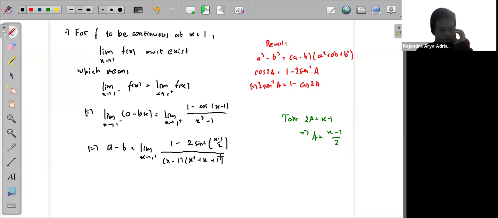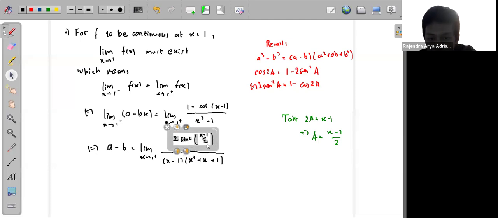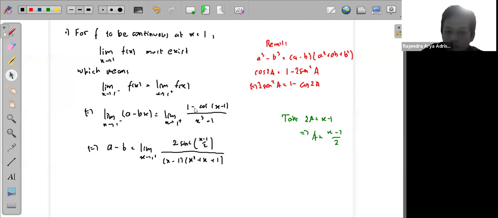Wait, I don't need this. Just that, right? Because 1 minus cos 2a here equals 2 sin squared a.